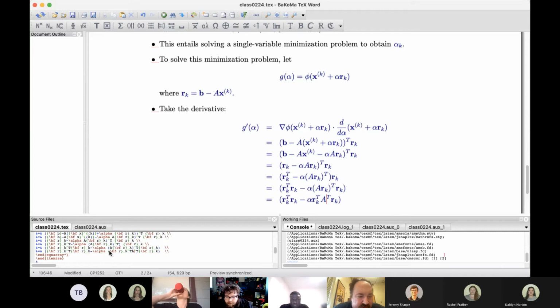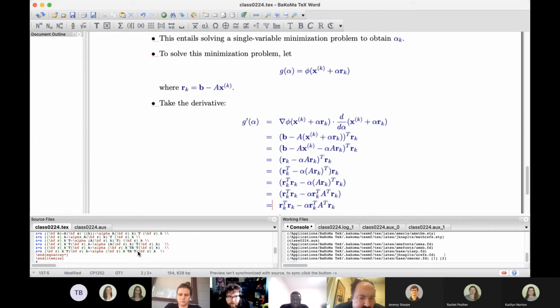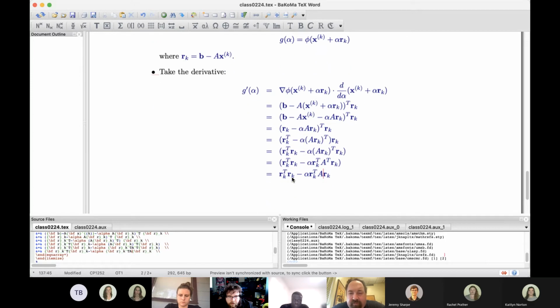So A equals A transpose. I don't need the parentheses anymore, and I'll take away that transpose from A. All right, so now we're done. This is our derivative in its simplest form.